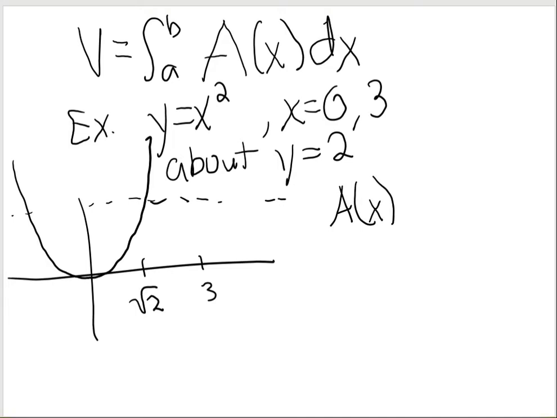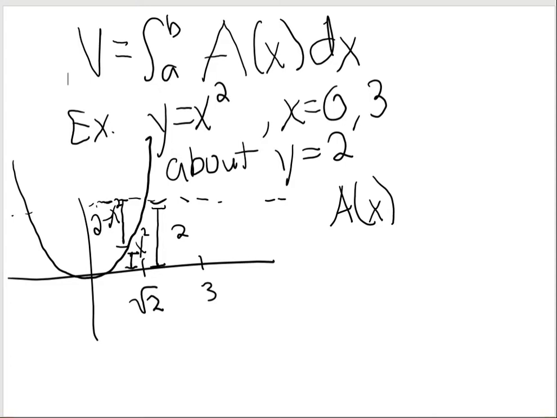Well, you know the total distance all the way to the axis is 2, and the distance from the axis to where the parabola is, is x squared. So you know that this distance over here is going to be 2 minus x squared.